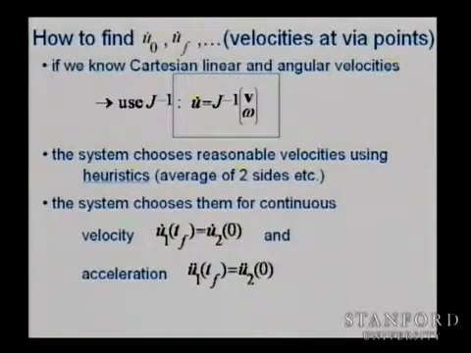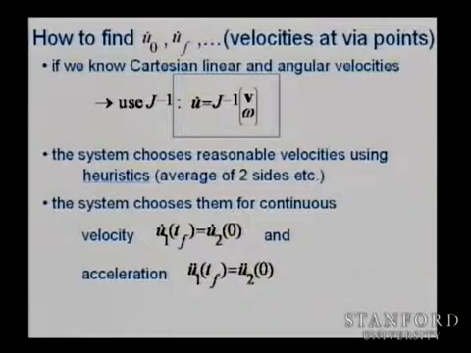And then finally, you can actually introduce additional constraints. So for example, u1 dot is the velocity for the first segment, u2 dot is the velocity for the second segment. So we want to make sure that at the via point where the two segments meet, we have continuous velocity.